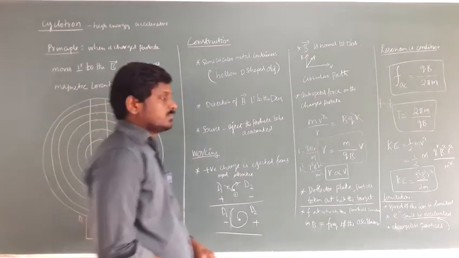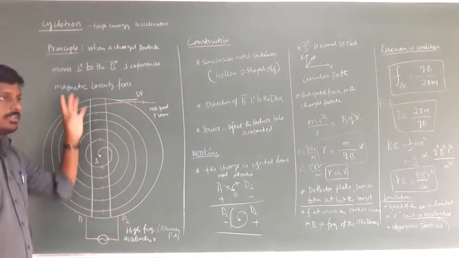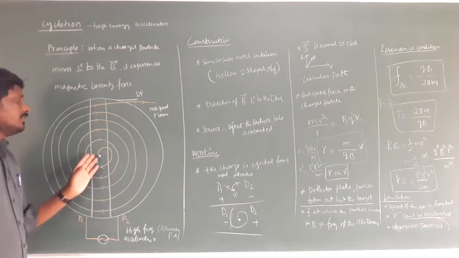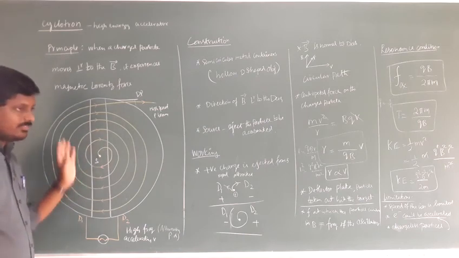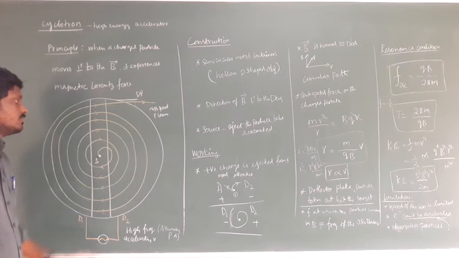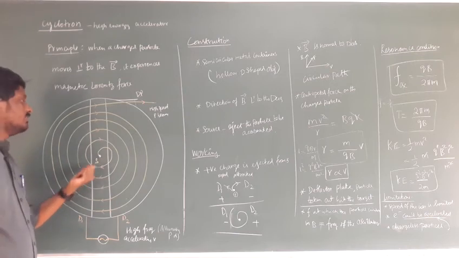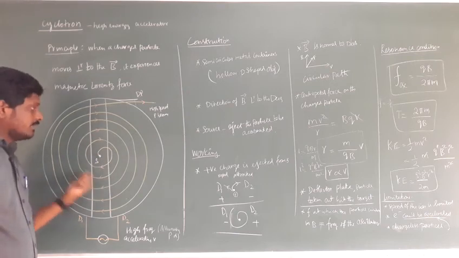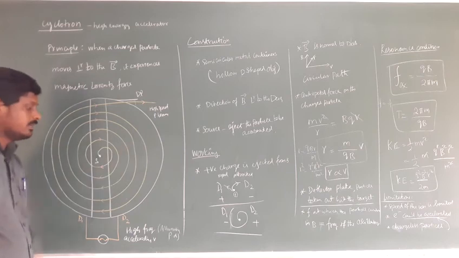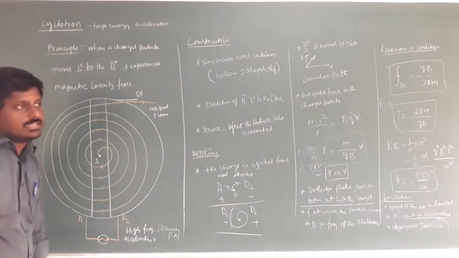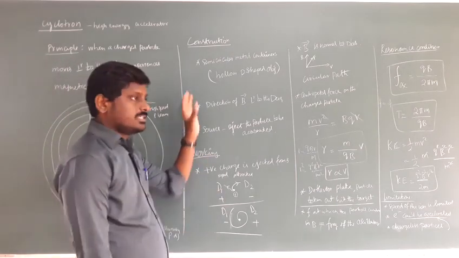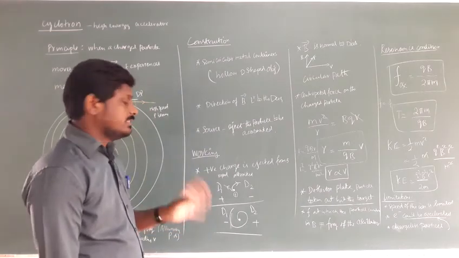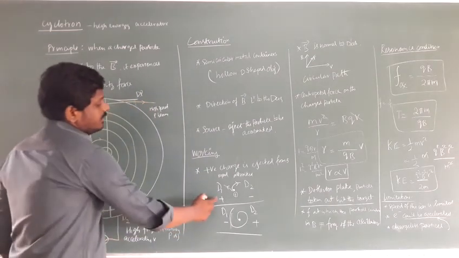So what have you seen up to now? Cyclotron, what is the working principle? A charged particle moving in a magnetic field experiences a magnetic Lorentz force. That magnetic Lorentz force makes the charged particle move in a circular path with very high speed, using a high frequency alternating potential difference. Then construction, then working. Basically, the working is with D1 and D2.